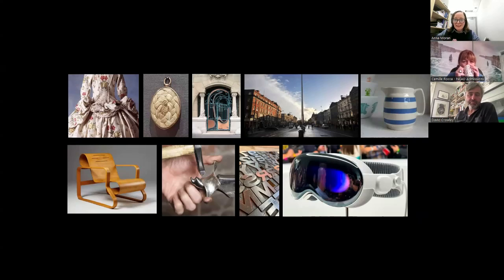We're interested in things made 300 years ago, but we're also interested in things made today and in the future. So we're interested in the factors which may be social or economic or cultural or political, which shape the design and use of goods and objects.